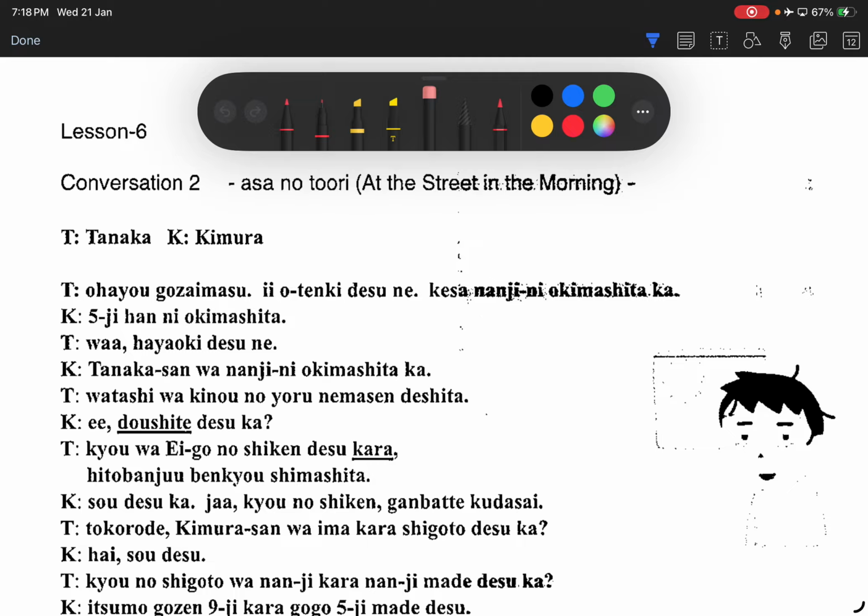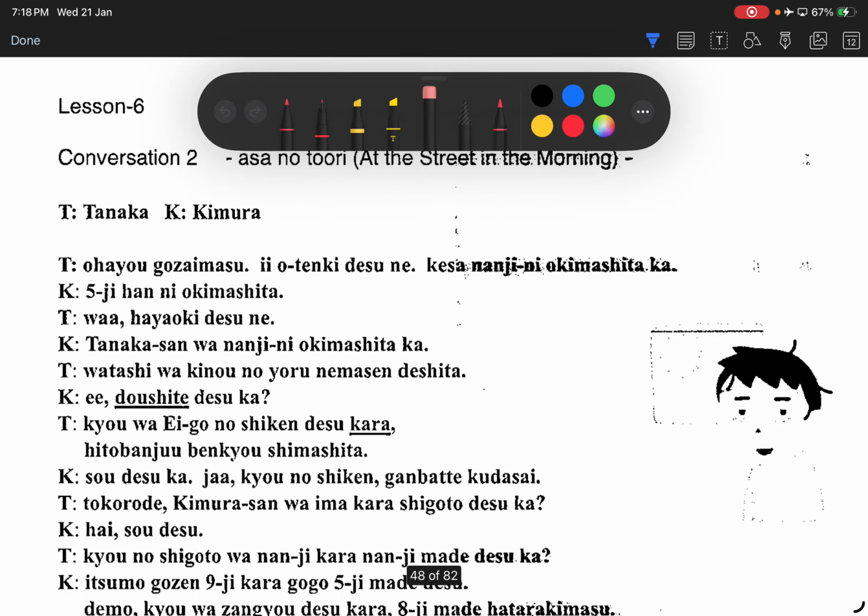So it's a conversation between 2 persons, Tanaka and Kimura. So we start with Tanaka first. おはようございます。いいお天気ですね。今朝何時に起きましたか? Do I need to translate this? Everybody should be able to understand now, right? The sentence. 今朝 means this morning.